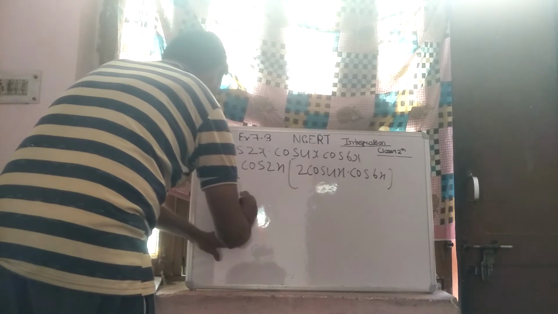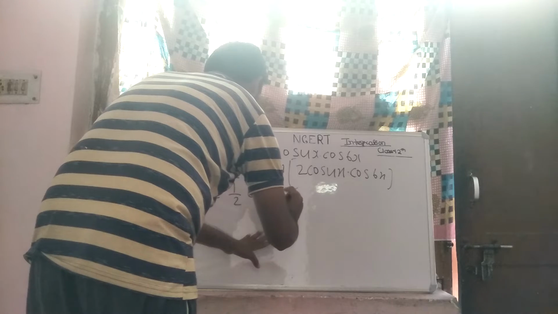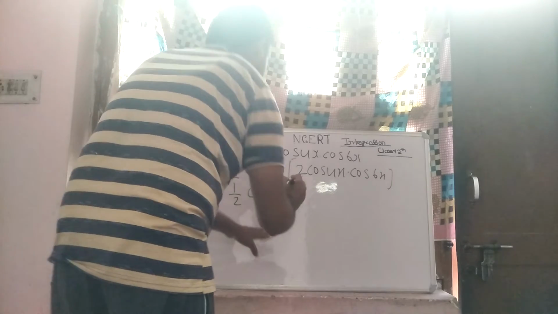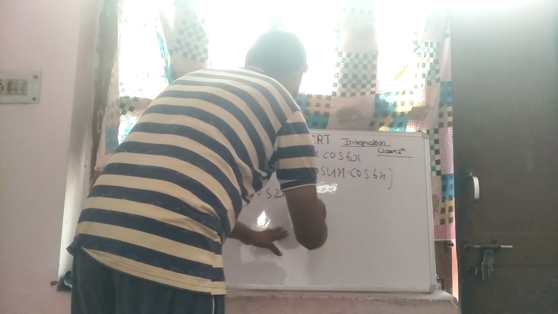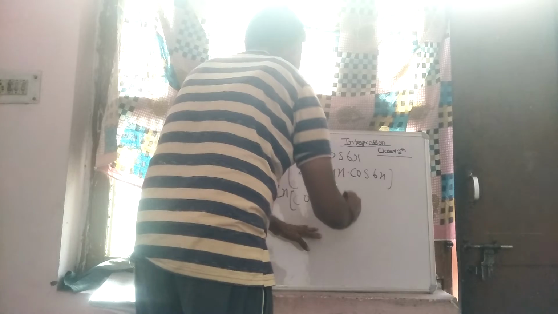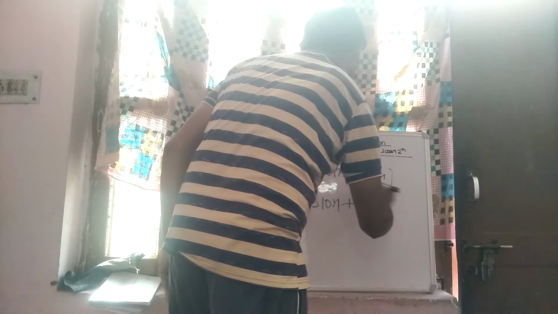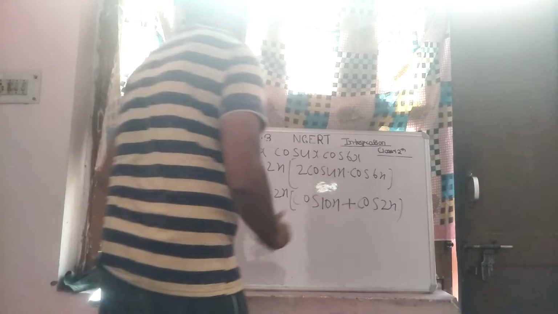1 upon 2, this is cos 2x. This is also 2 cos A into cos B, so cos (A plus B) plus cos (A minus B). Here, 6 plus 4 is 10x, and 6 minus 4 is 2x.